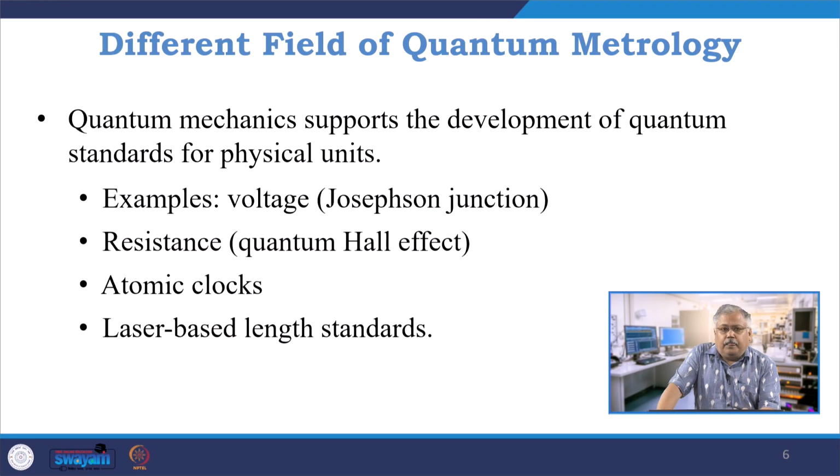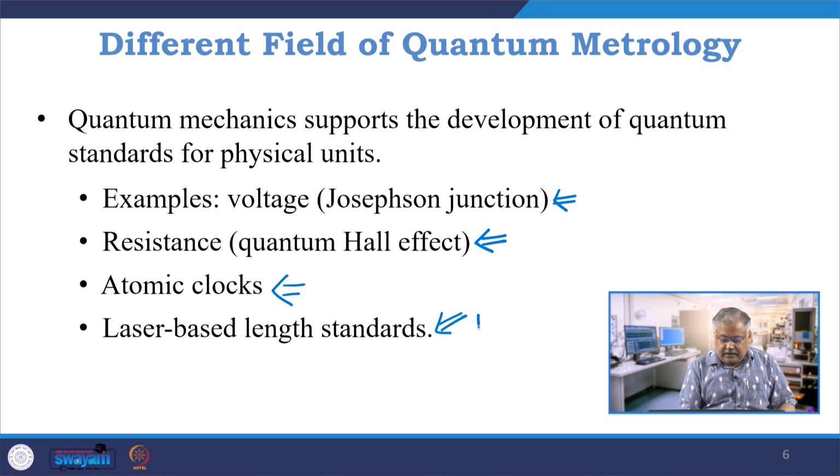So, let us see what are the areas where you need to bring the quantum standards very close to the physical unit. One example is voltage in a Josephson junction. Then you talk about resistance in the quantum Hall effect, and then you look into atomic clocks when you want to do time specific measurements. And then obviously the laser based standards are there, which are for length.